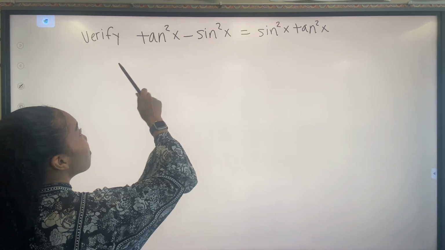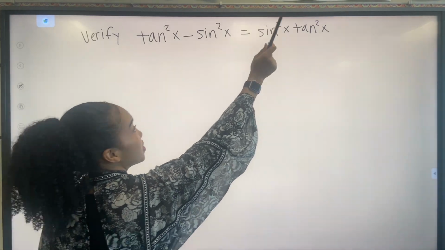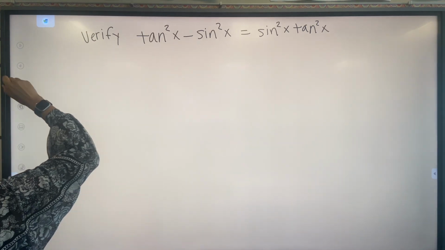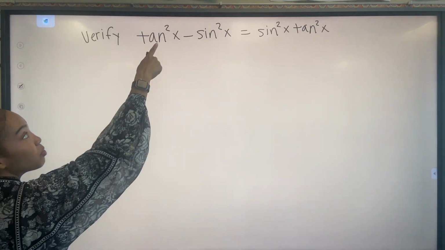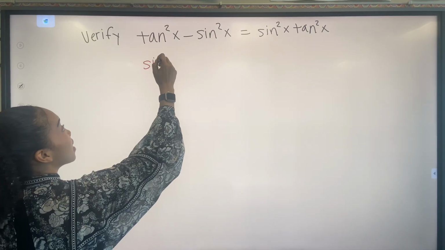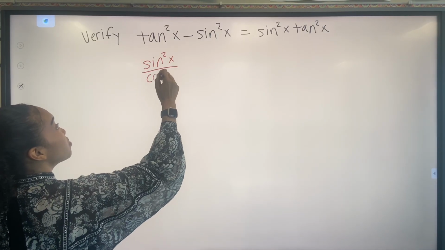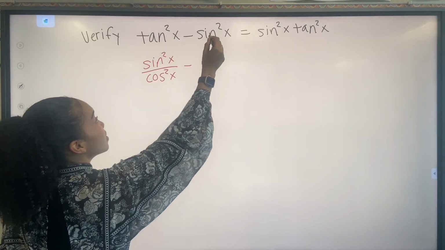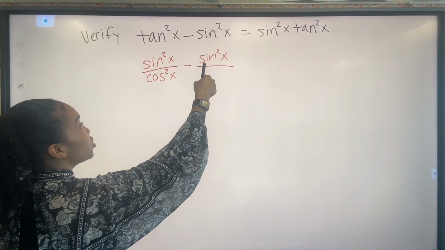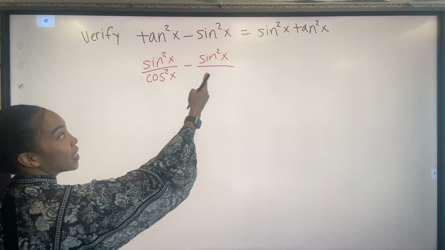So we have to verify that this side is equal to this side. So I'm going to change this into terms of sines and cosines. How can we rewrite tangent? Sine over cosine. Yep, I can rewrite this as sine over cosine. And this can stay the same because it's already written as sine. What do I need in the denominator so that they can match?